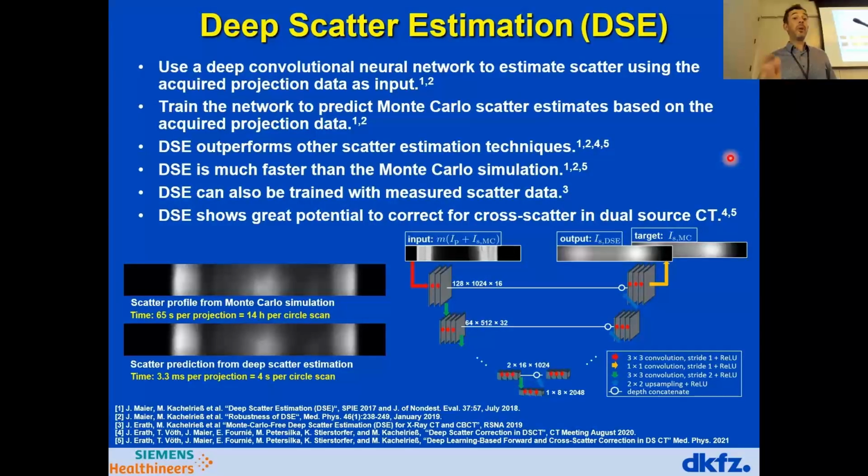It will also be much faster than the Monte Carlo simulation. And also recently, we have shown that the deep scatter estimation can be used to correct cross scatter in a dual source CT. The network structure is a classical U-Net where we have as an input the signal, the primary plus our scatter, and the network will be trained to predict the scatter.